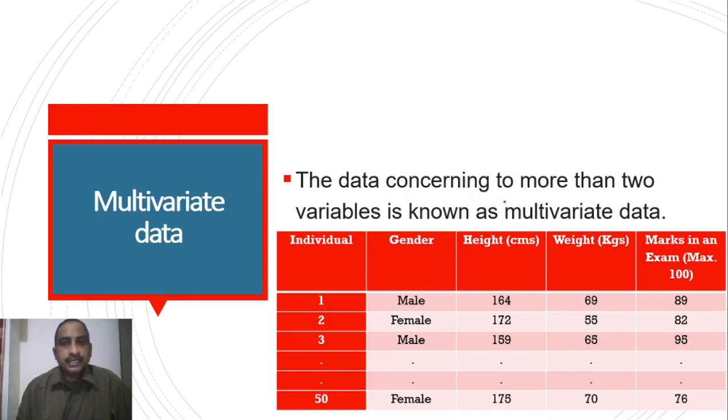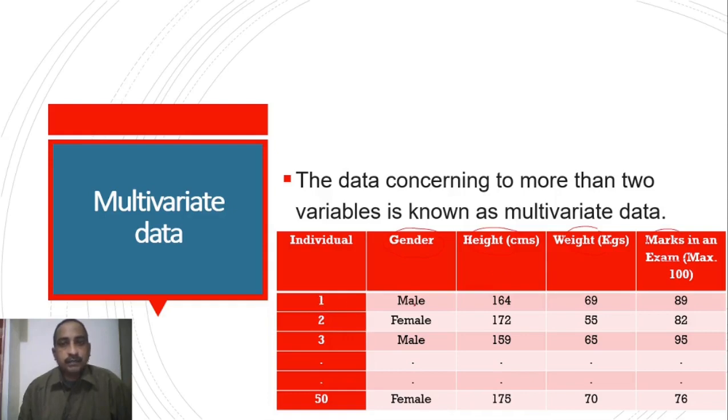Now multivariate data: data concerning more than two variables. If we observe this example, for each individual I consider the gender, height, weight, and the marks obtained in an exam. So how many variables are there? This is one variable, this is another, this is the third, and this is the fourth variable. The respective values are measured.